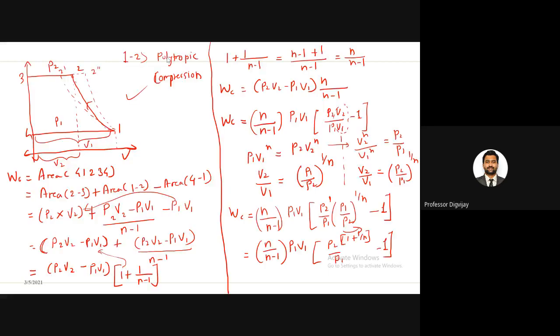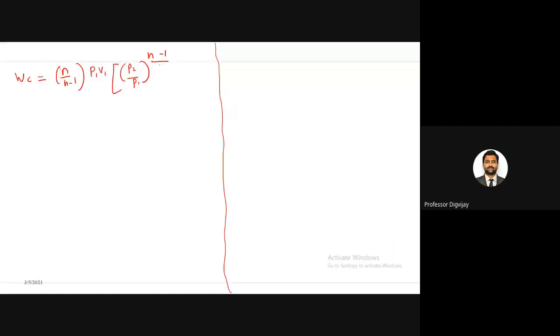So again, if I continue the same derivation here, the compression work will be equal to n divided by n minus 1 into P1 V1 into, in bracket, P2 by P1 raised to n minus 1 divided by n, minus 1.